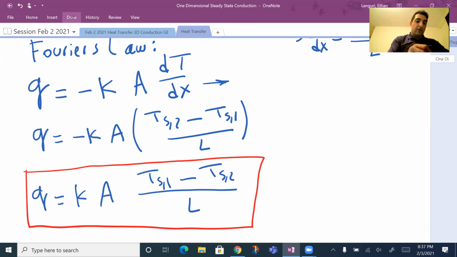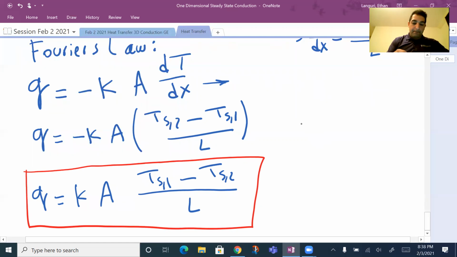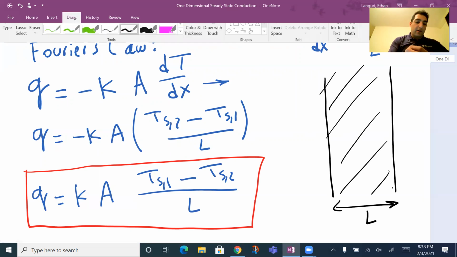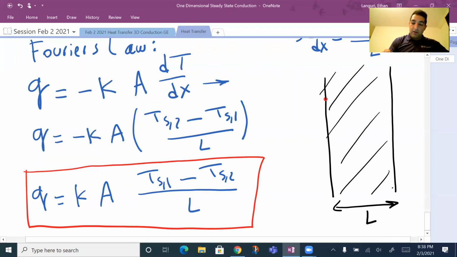If you know the temperature of both sides, so if this is my wall, and the thickness of the wall is L, 10 centimeter, 15 centimeter, can be any number. Temperature of this side, let's call it TS1. Temperature of the other side is TS2.